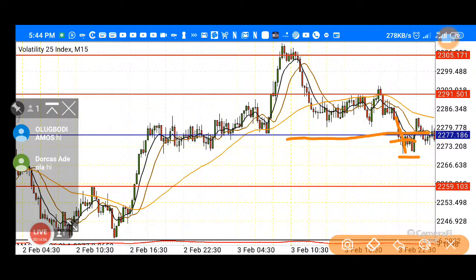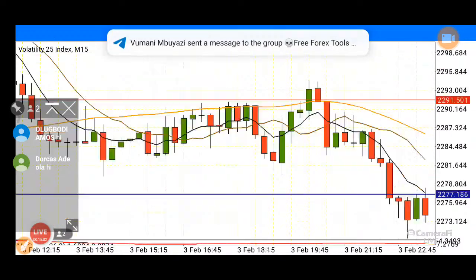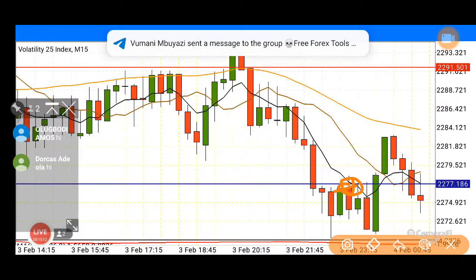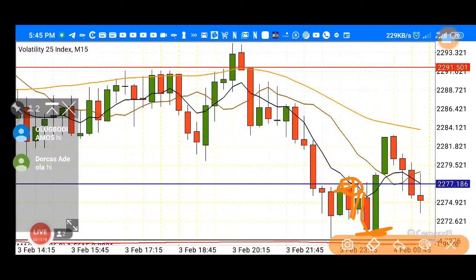And if you are a conservative trader waiting for a break and retest, you can see the market tested that level at this zone. The market retested here. If you entered here, you can see immediately after testing it, it still sold down to this level, returned, and still came down to this level.